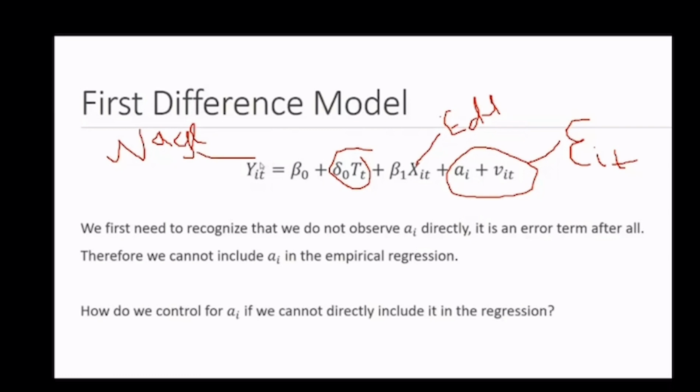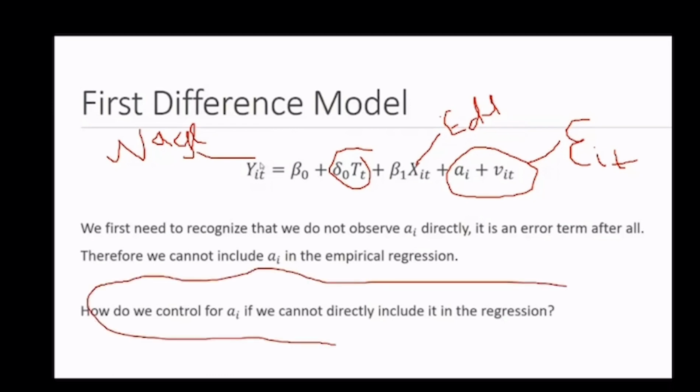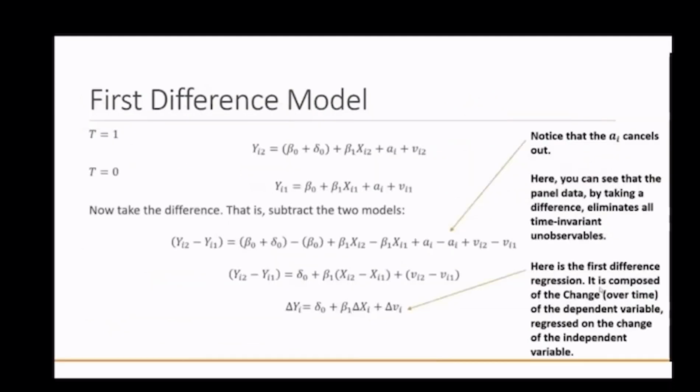Now, if we really want to tidy it up, to clean the house before we use OLS, we need a way to control for the time invariant unobservable. What is the time invariant unobservable? It is alpha_i. Controlling it is getting rid of it from the model. Now, this is what we're going to do by first difference.